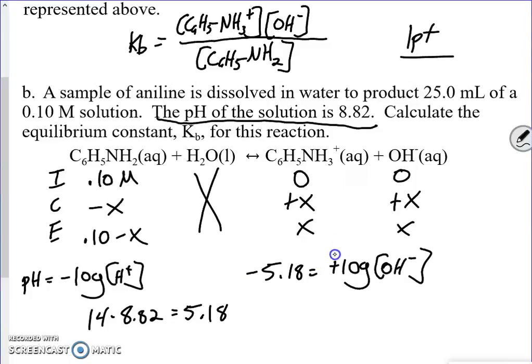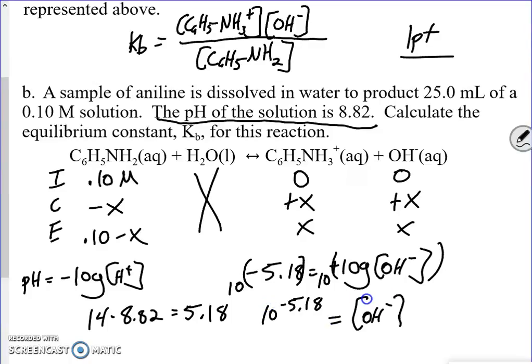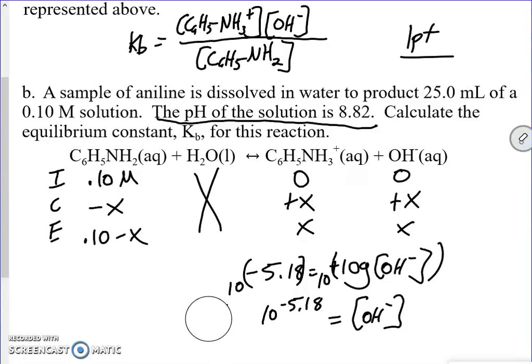Then we take 10 to the power of both sides to get rid of the log and make it exponential. So what we end up with is 10 raised to the negative 5.18 is going to give us the concentration of our hydroxide ion. When we do that math, our hydroxide ion concentration is equal to 6.61 times 10 to the negative 6 molar.